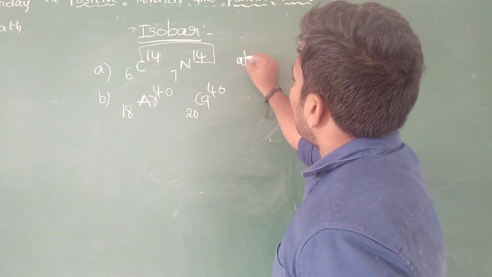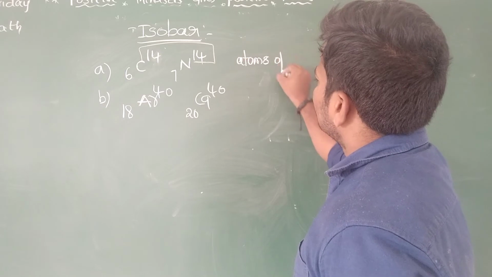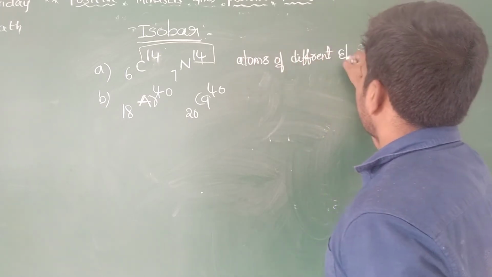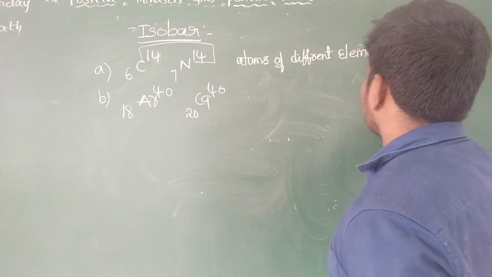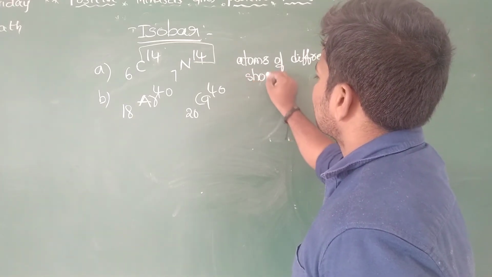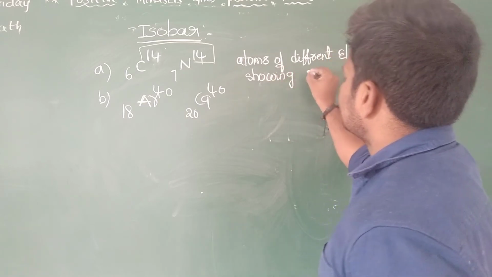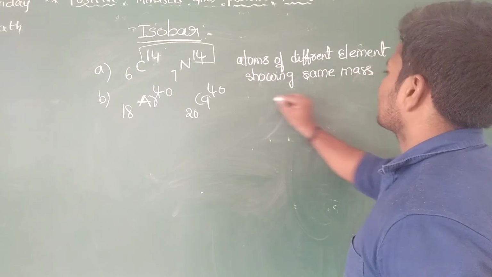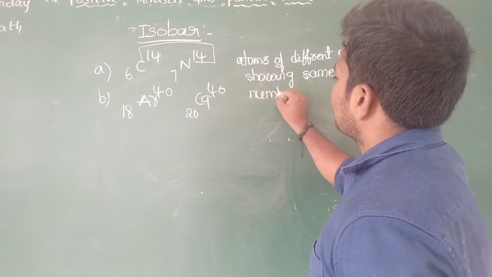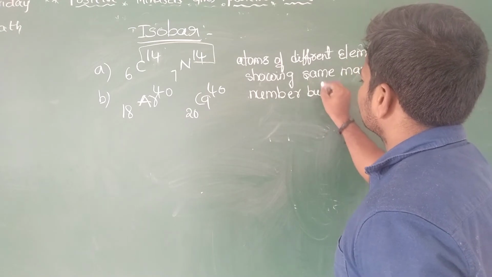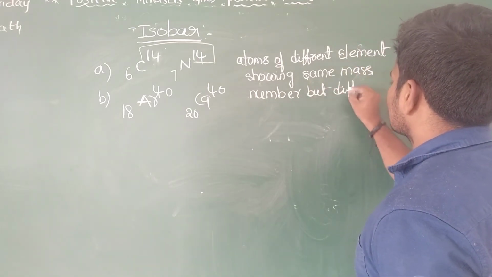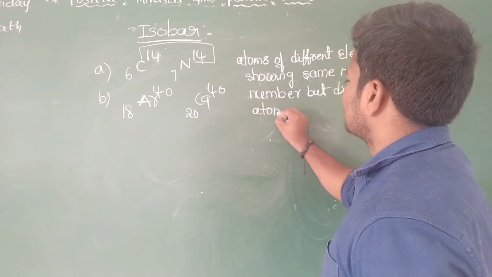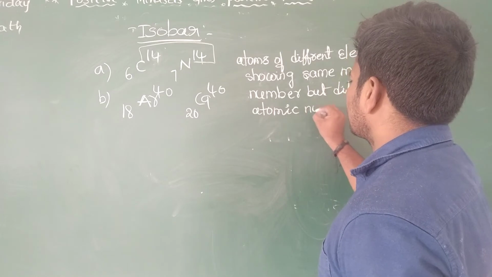So you can see atoms of different elements showing the same mass number but different atomic number, nothing but a different nuclear charge.